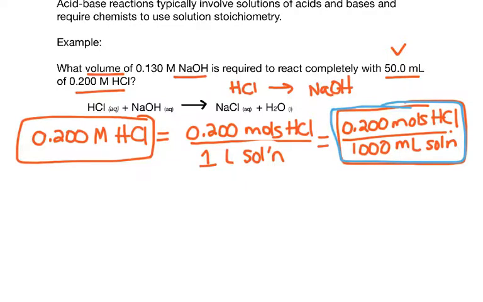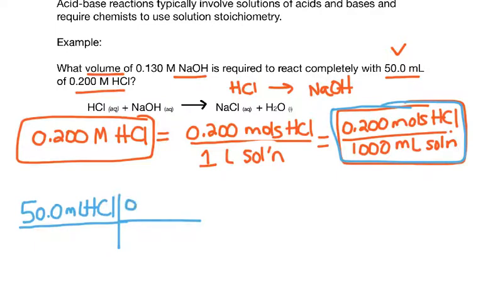So I'm going to start with my 50.0 milliliters of HCl, and use my molarity to get rid of the milliliters. I'm going to put 0.200 moles of HCl up top and 1,000 milliliters of solution on the bottom. That's my HCl solution. So you can see I just got rid of milliliters.